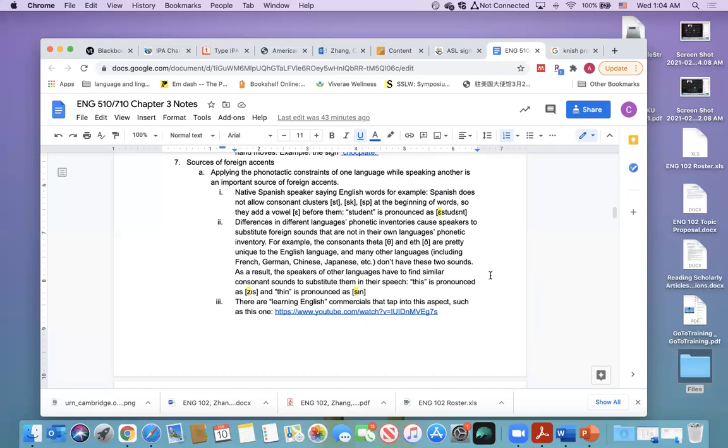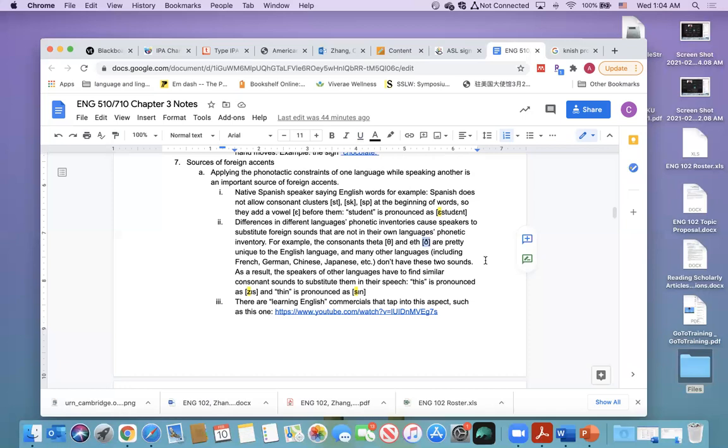Another reason or source of foreign accent is differences in different languages' phonetic inventories. For example, the theta and the eth are pretty unique to the English language, and many other languages don't have these two sounds.